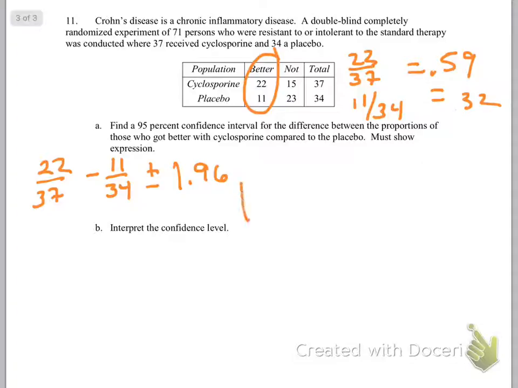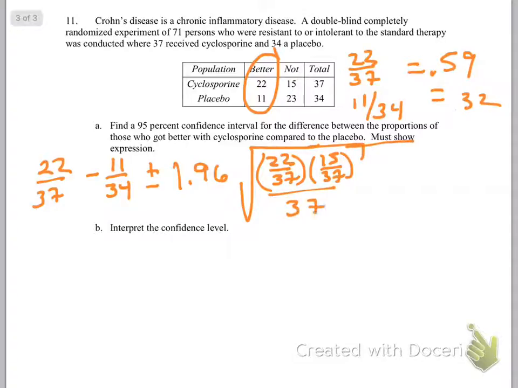Okay, so now let's go do this. So this is going to be 22 over 37, and what's that, 15 between the two of them? 37, oops, silly goose, divided by 37, plus, and this is going to be 11 over 34, and this is going to be 23 over 34, all over 34.